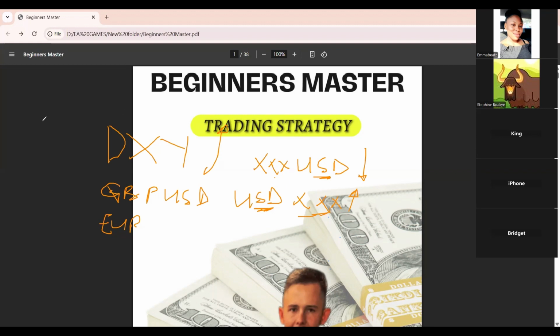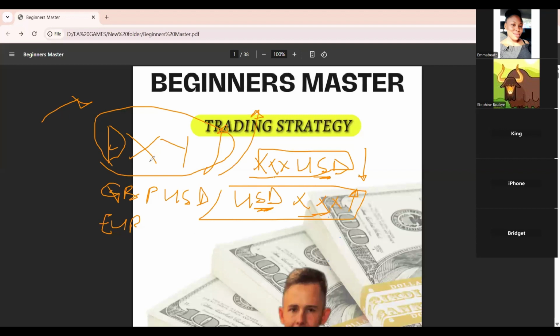If you go onto the news data and the data is positive for the DXY, and the release caused the DXY to rise, what you expect is all the XXX USD pairs dropping and all the USD XXX pairs buying. And if the DXY dropped because of the news release, you expect all the XXX USD pairs to rise and all the USD XXX pairs to drop.